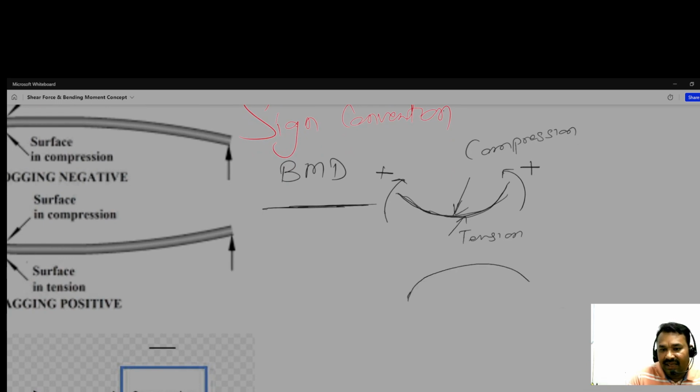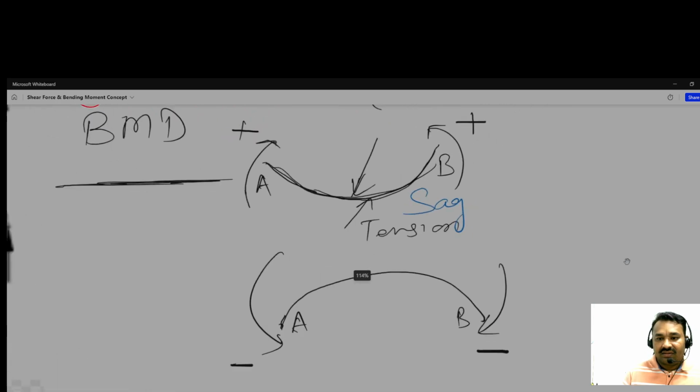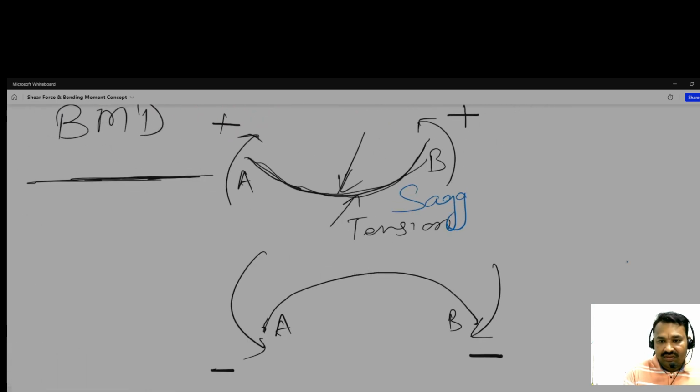If it becomes like that, and this is suppose A, this is suppose B, and due to the moments at the ends A, B, it becomes this, so we consider the negative bending moment, and this is known as sagging, and this is known as hogging.